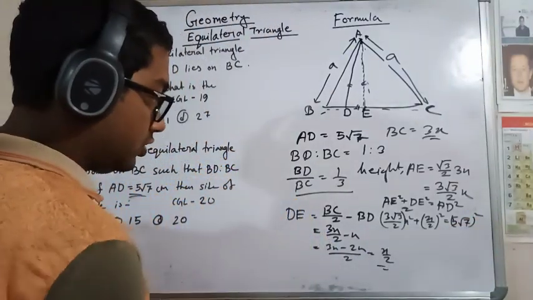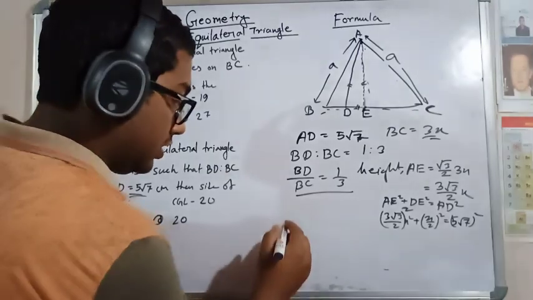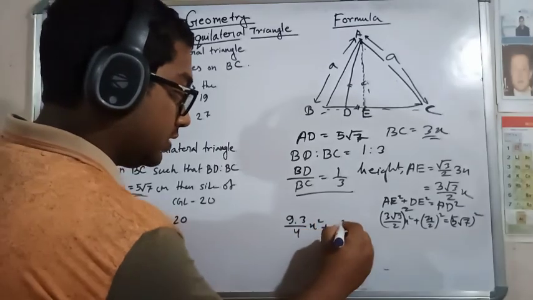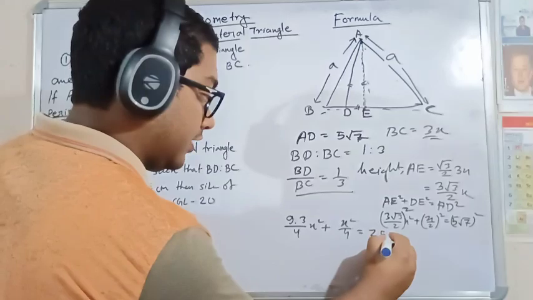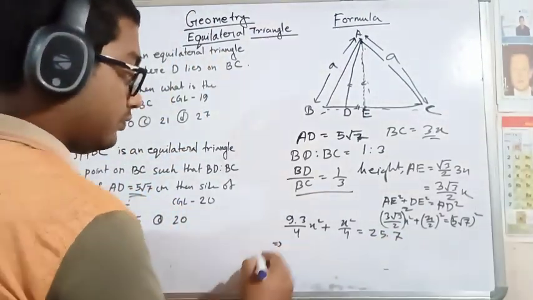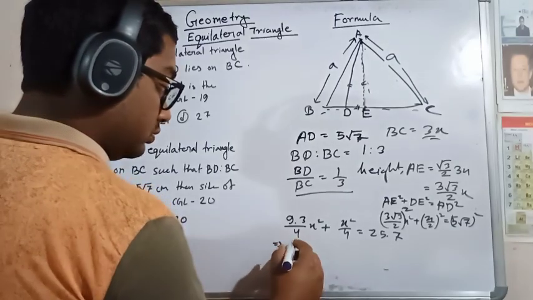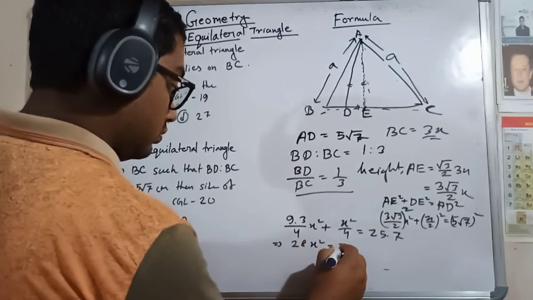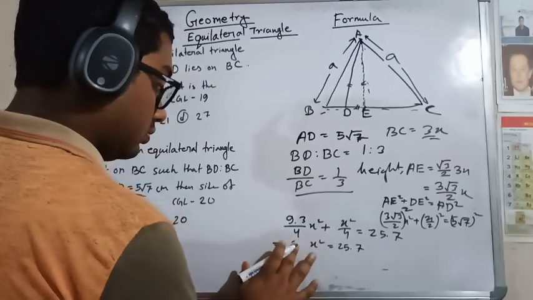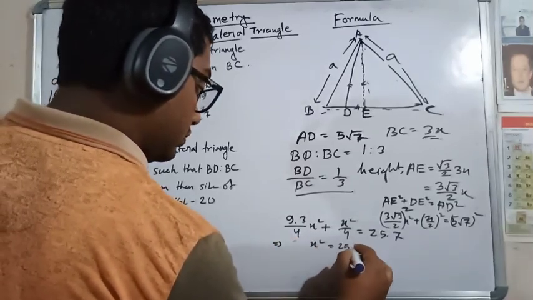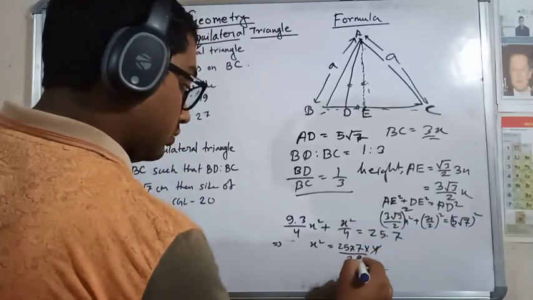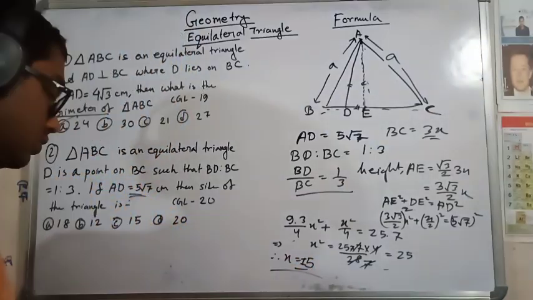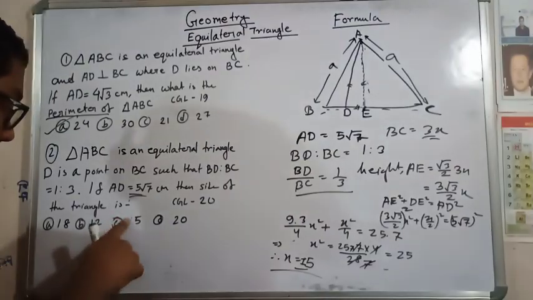So we can write it: 27 by 4 x square plus x square by 4 is equal to 25 into 7. So x is equal to 5. It will be 5.